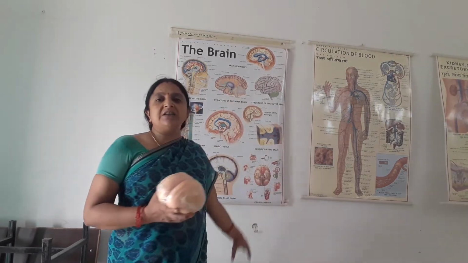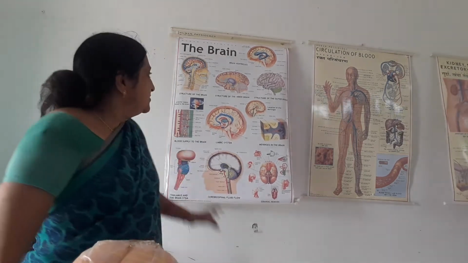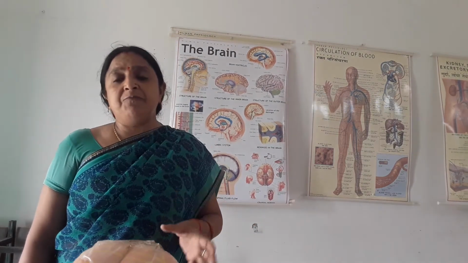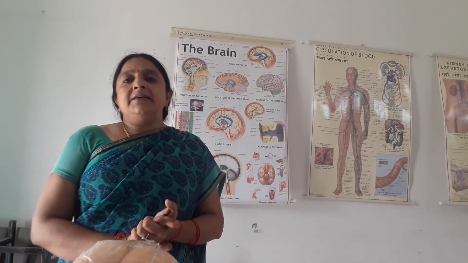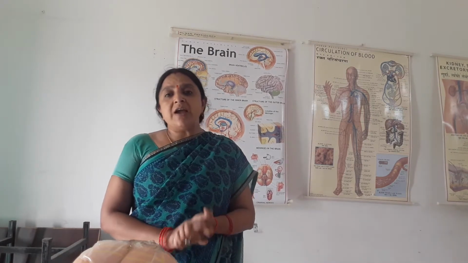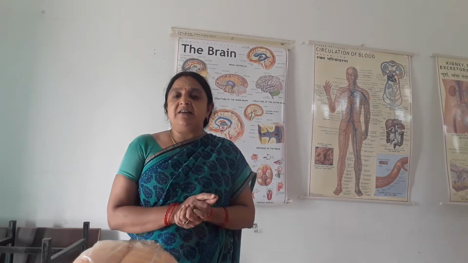These convolutions are called sulci, and we all know the functional unit of the brain is the neuron. Neuron is made up of two parts: cyton and axon. The cyton part of the neuron is grey in color, while the axon part is white.